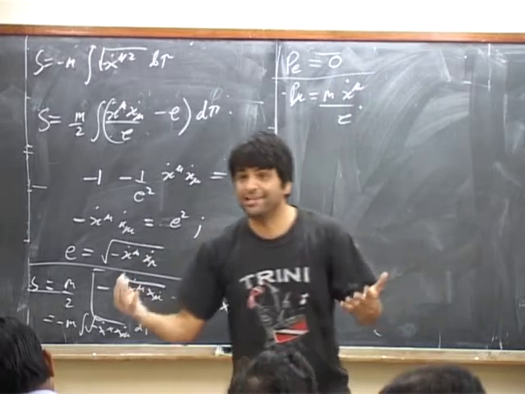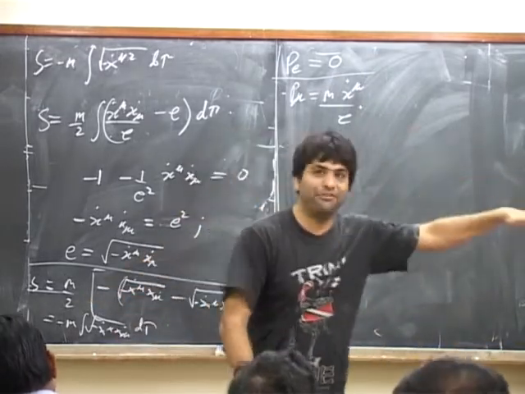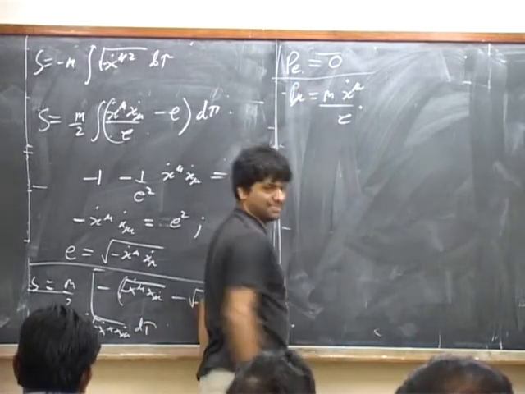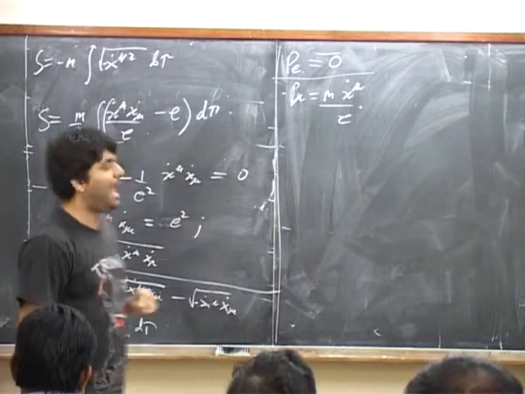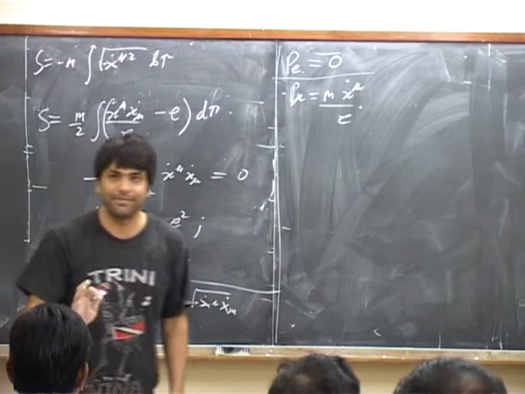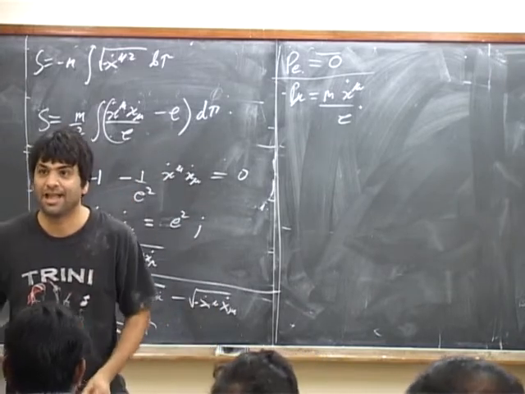A momentum conjugate to a particular variable being identically 0 is telling you it can't be the full phase space, you have to be on a submanifold of the phase space. So you have at least one constraint in our system. And I think you might have thought that's it. There are no other obvious constraints in the system.